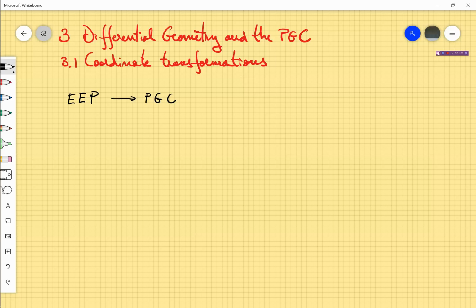There is another reason why we need to start studying coordinate transformations and differential geometry. If we didn't have to perform coordinate transformations at all, we would just decide which coordinates to use, and maybe once in a while we would say, okay, because this problem has spherical symmetry, let's work in spherical coordinates.